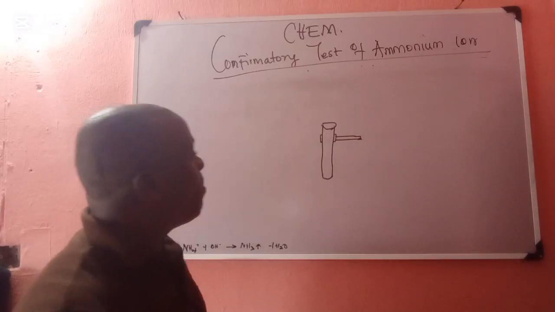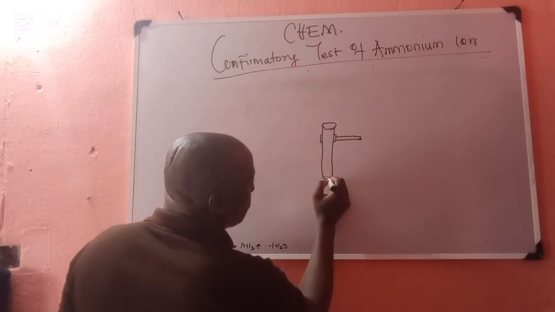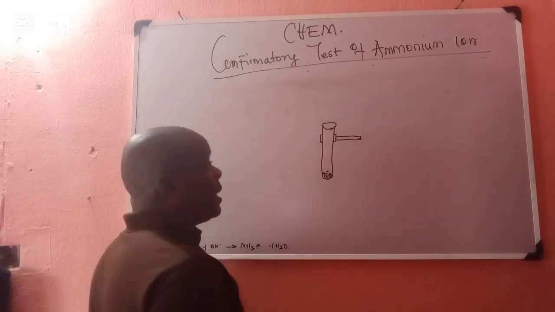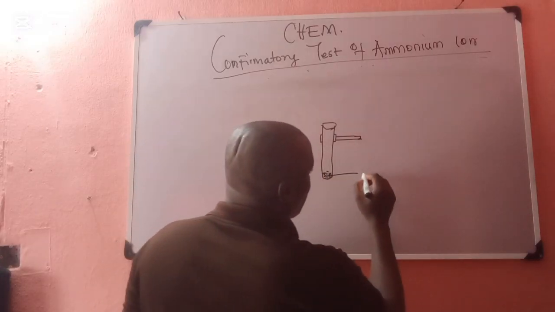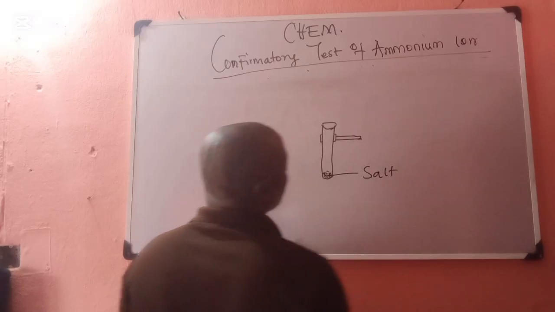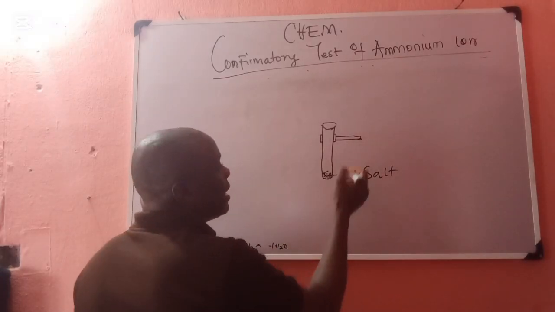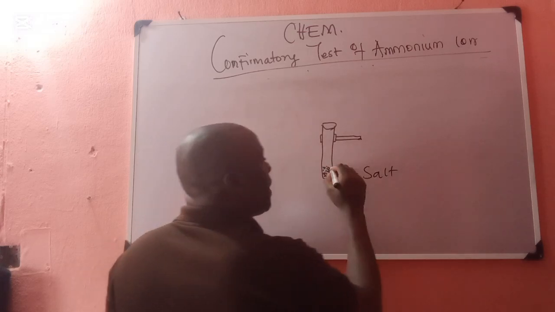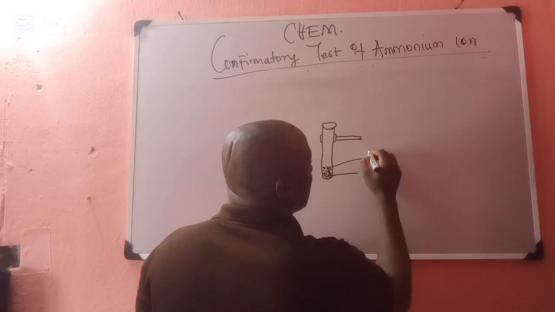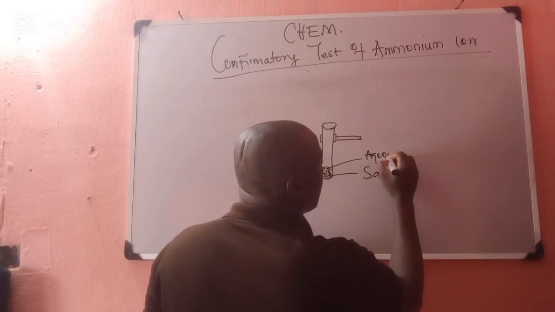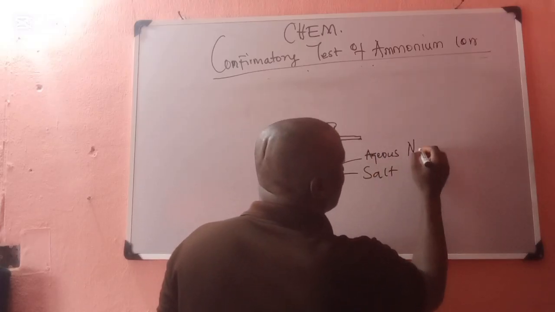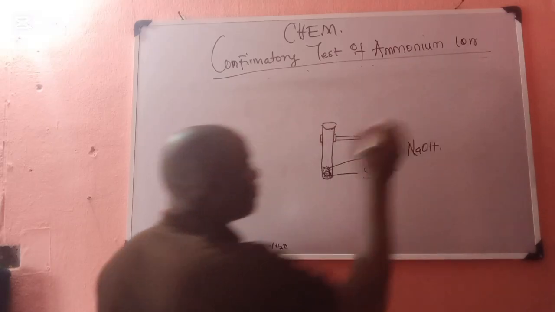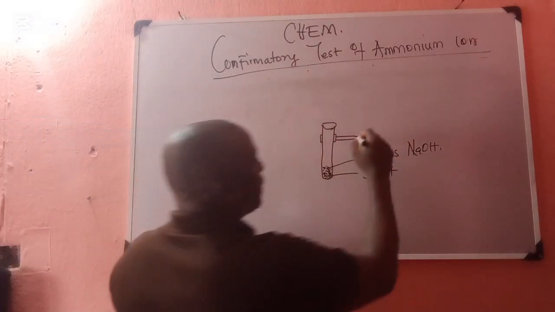Then I mentioned the salt sample. We put our salt sample in this. So this is our salt sample. Then the next thing we need is aqueous sodium hydroxide. So we need an aqueous solution of it.